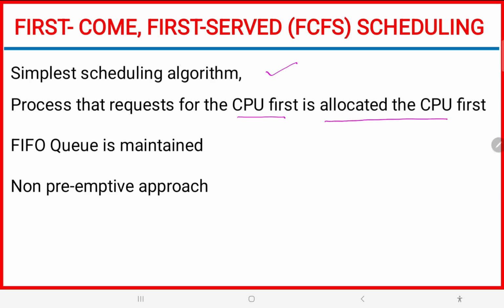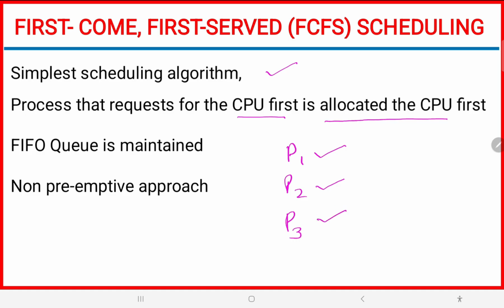That means, let's suppose we have a ready queue where a number of processes are waiting for the allocation of CPU. Let's suppose those processes are P1, P2 and P3, and they have put in their requests in order: P1 put in its request first, thereafter P2 came and requested CPU time, and thereafter P3 came and requested CPU time.